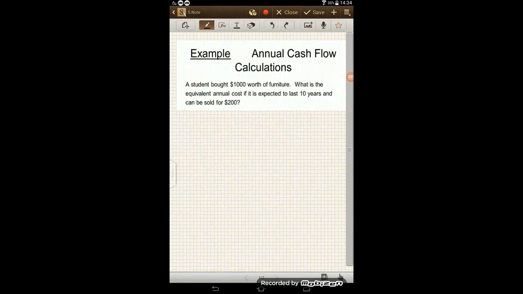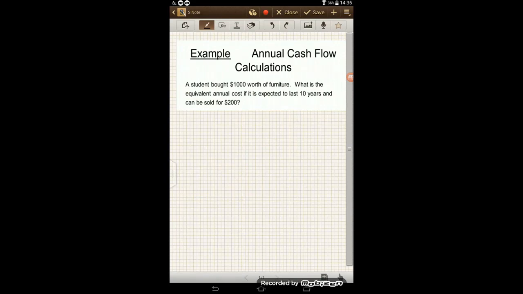Now we find the equivalent because the student bought for $1,000, then after 10 years he sold for $200. So we are gonna find the negative and positive cash flows, and how much he is gonna pay uniformly as an annual amount of money.